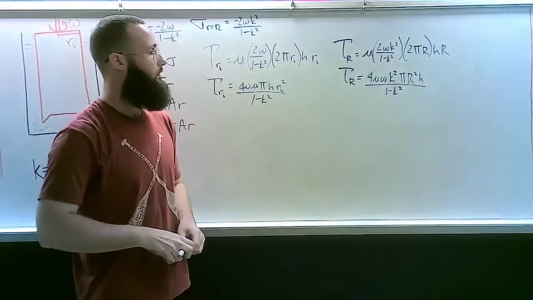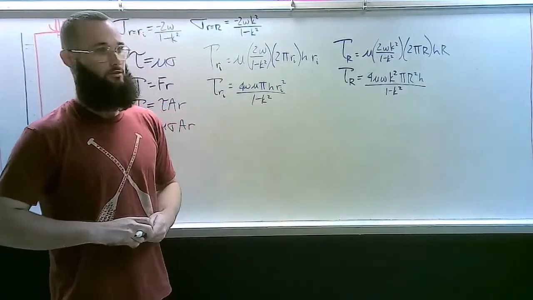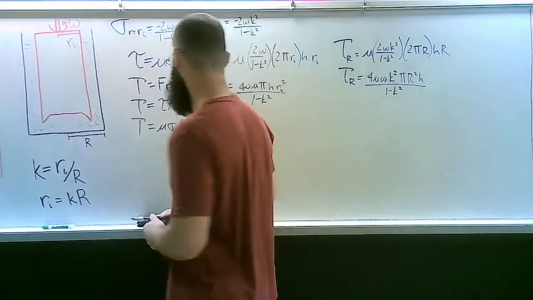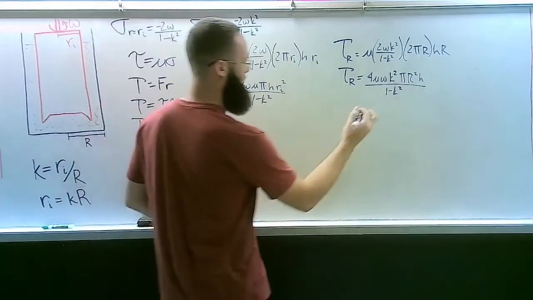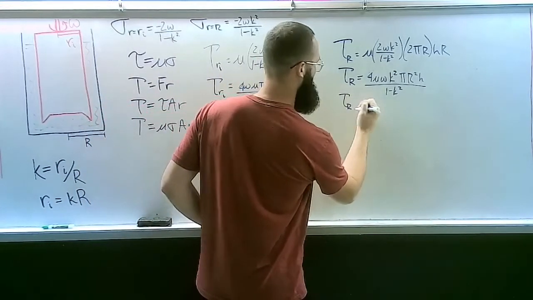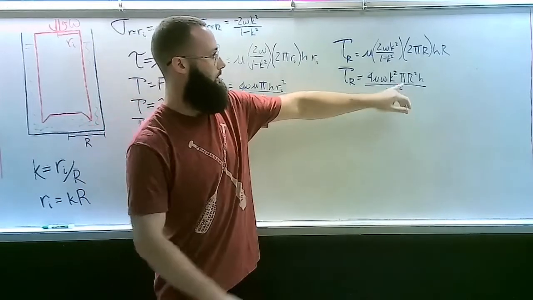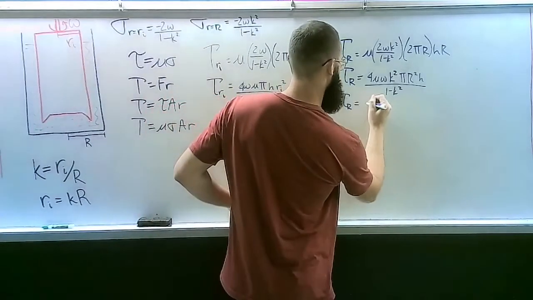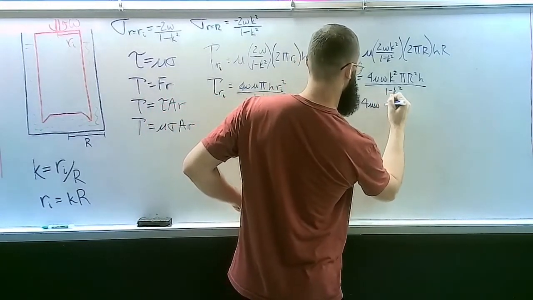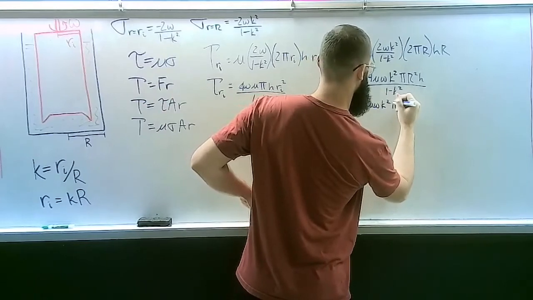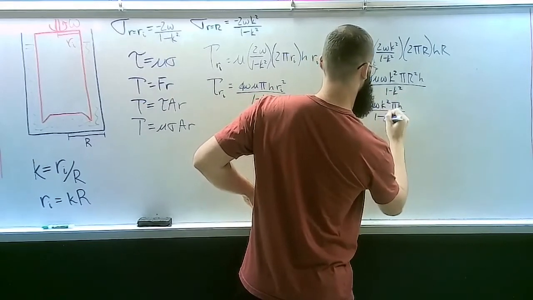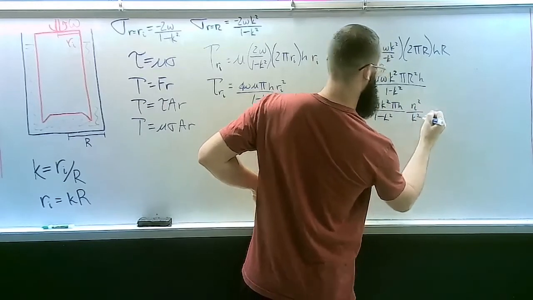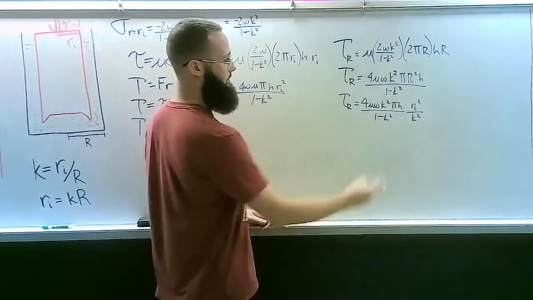So if we're looking at these right now, we can tell that they're not actually the same. But we've got to use this k term to be able to make these the same. So we're going to substitute in for r squared here, Ri over k squared. And I'm just going to move that outside just to make it easier.